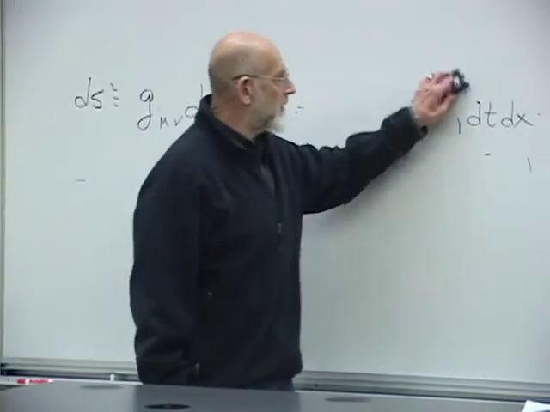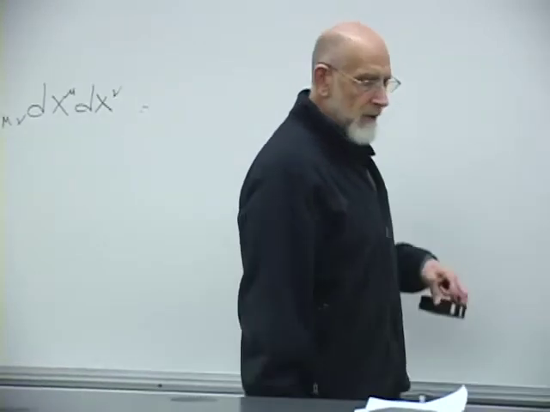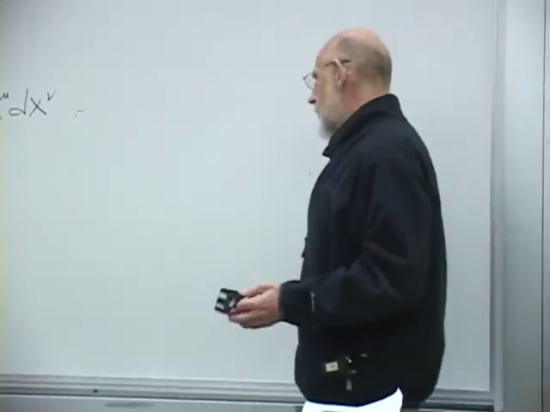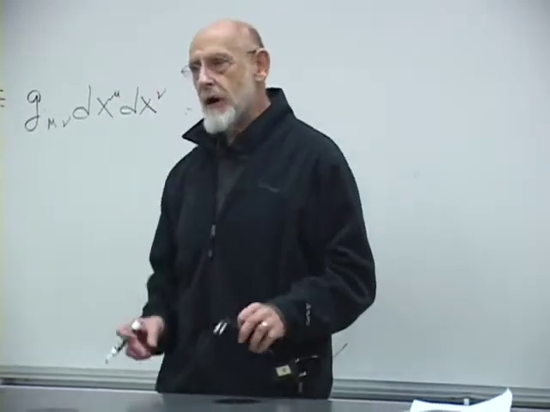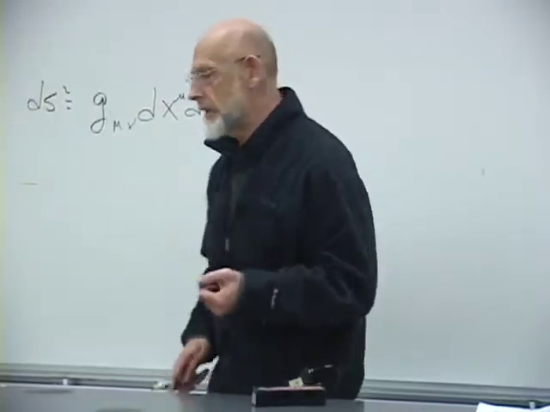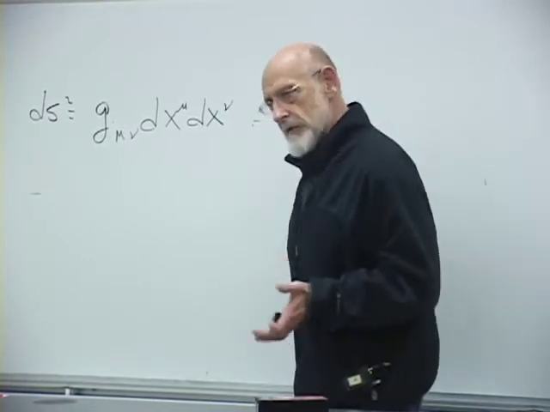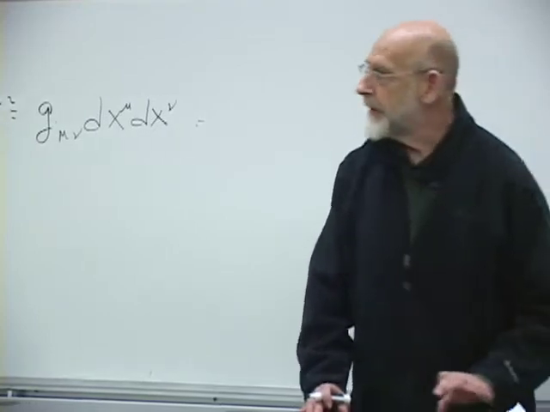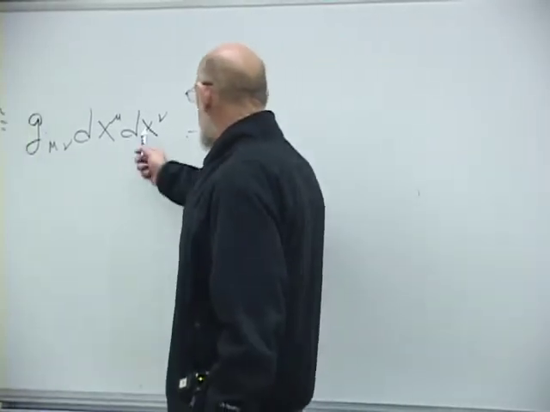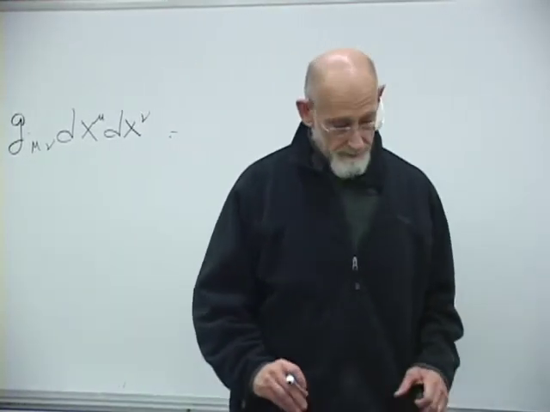Again, if we want to know how a light ray moves, in other words, if we want to find the little infinitesimal gaps that correspond to a light ray moving from one to the other, we set this equal to 0. That's the rule. We set that equal to 0, and that gives us constraints on the allowable trajectories of light rays. That's the content, incidentally, of saying that light rays move with the speed of light.